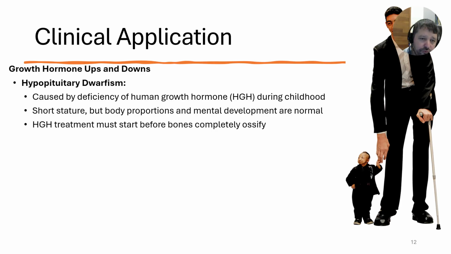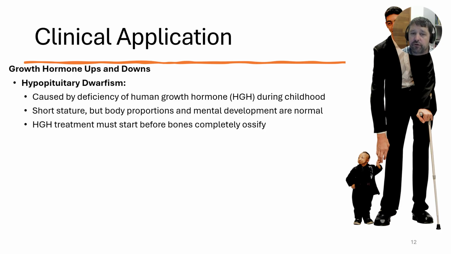This is the result of a deficiency in human growth hormone, one of the hormones that the anterior pituitary gland releases. Remember, it's stimulating muscle production, bone growth, and fat usage.